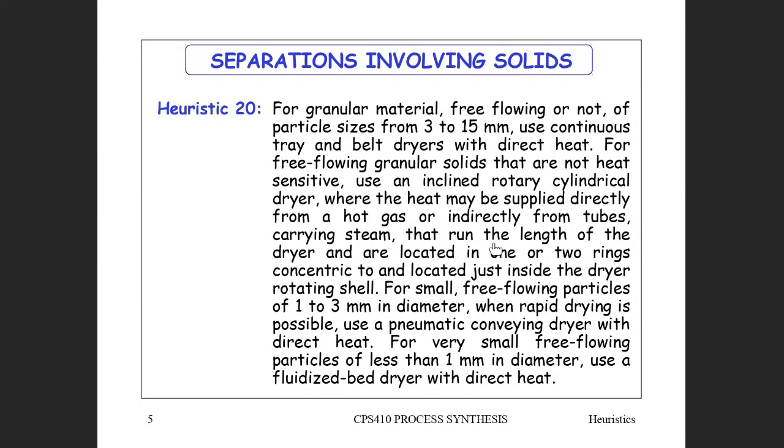But now, if the particles are large and heat sensitive, I'm not too sure how I would go about it. Because of the belt dryer, the tray and belt dryer, well, a tray dryer will be fine, because you can put it in a large oven, and in fact, I think that's how they do it.